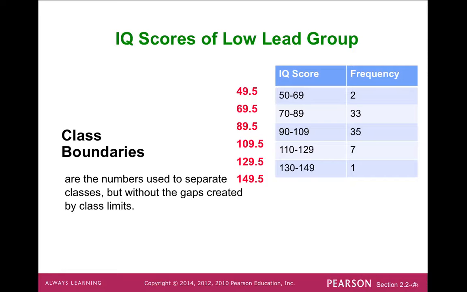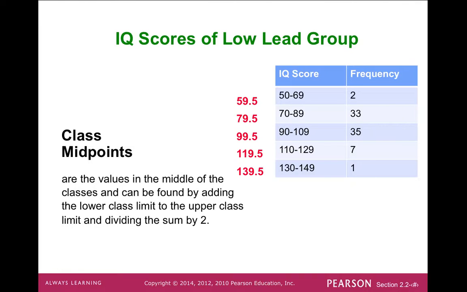Would it go up or down? And that boundary, the halfway point between your upper class limit of one class and your lower class limit of the next class, is what's known as your class boundary. So between 69, which is the upper class limit of your 50 to 69 IQ score class, and your 70 to 89 IQ score class, the midway point between the two is 69.5, and that would be known as your class boundary.